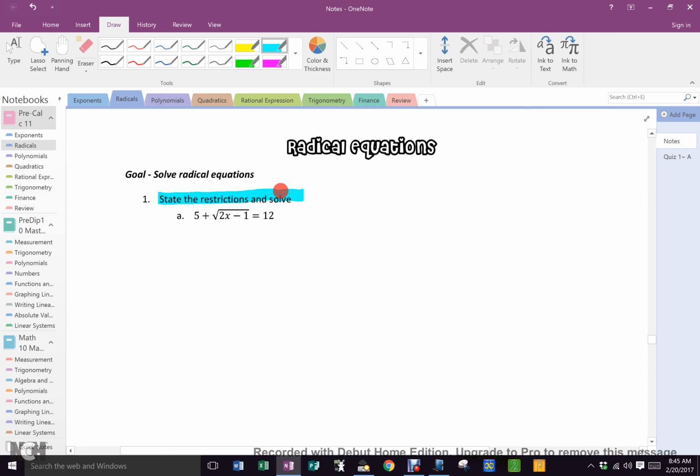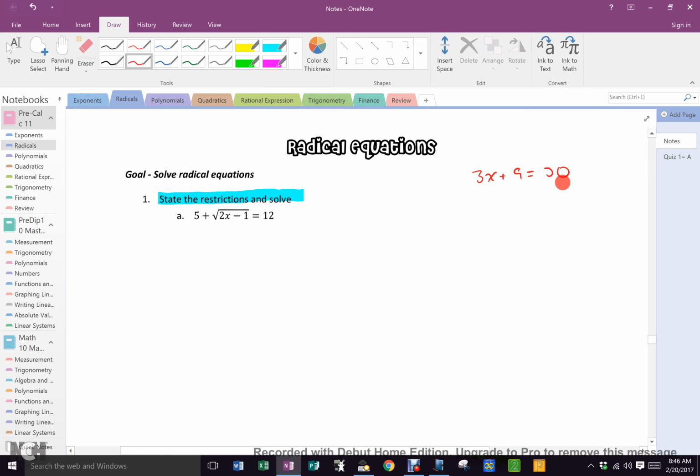What does the word restriction mean in English? Forget about math. What does the word restriction mean in English? Something you're not allowed to do. Yeah, something you're not allowed to do. So normally when we solve an equation, we say x equals something, right? If 3x plus 9 equaled 30, we would solve it, yes?